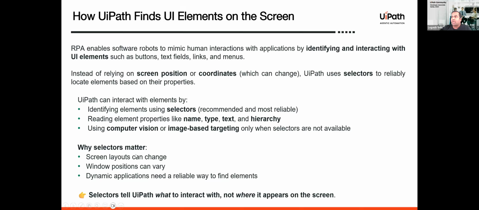So selectors matter because screen layout can change, window position can vary, and dynamic applications need a reliable way to find elements. So selector is the recommended path. In case properties are not available, then you can leverage computer vision and image based targeting. Those are alternate methods for UI automation.